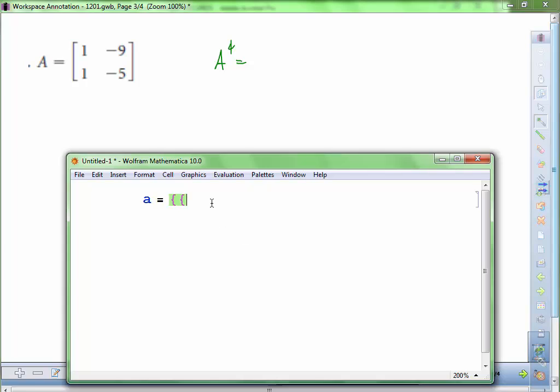So let's take this matrix, 1, minus 9, 1, minus 5, and let's take this to the fourth power. What is it, matrix power? And to the fourth power.